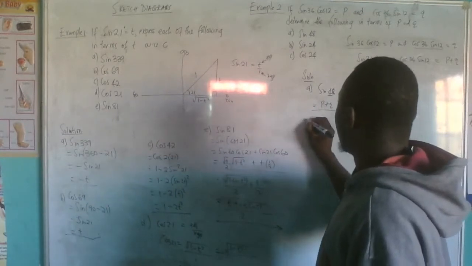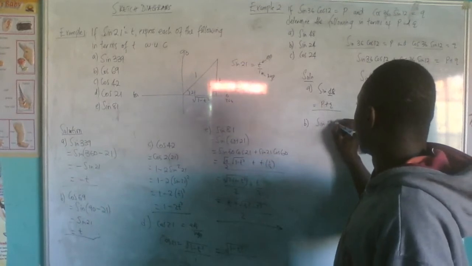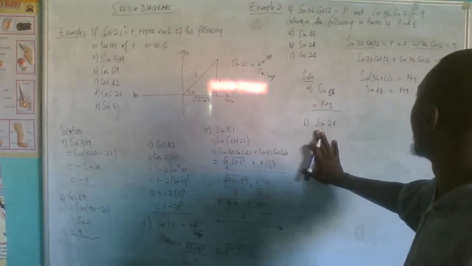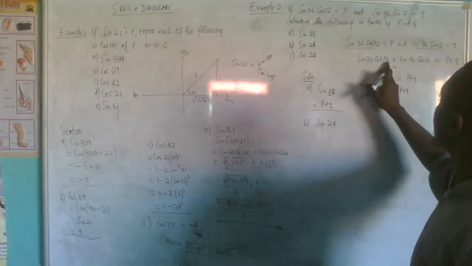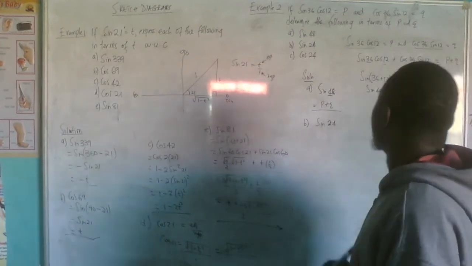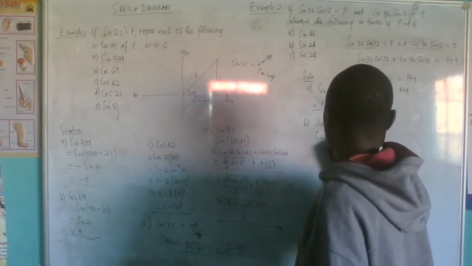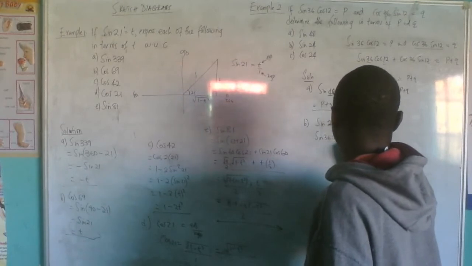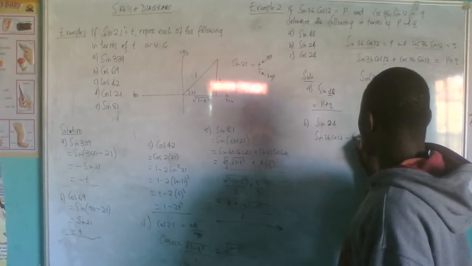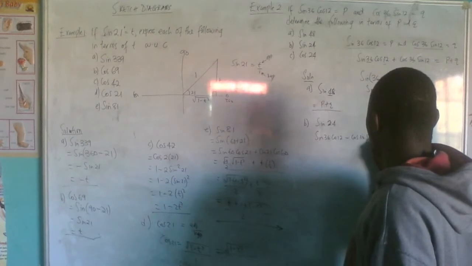The next one, which is B, is sine 24. If I look at these angles, if I take 36 minus 12, I can get 24. But how do I get to that? Still, I'll say sine 36 cos 12 minus cos 36 sine 12, using the subtraction compound angle identity.